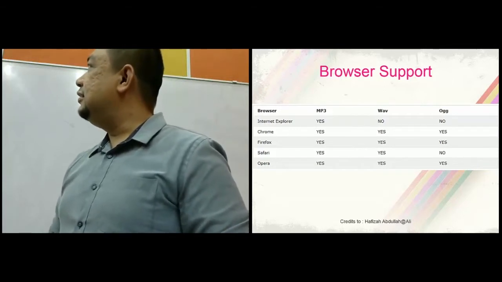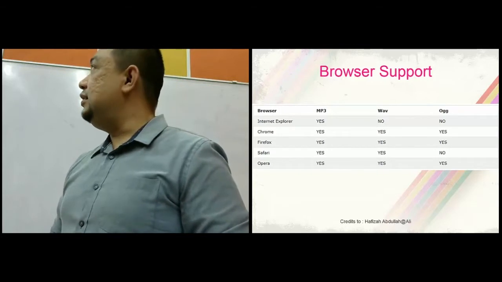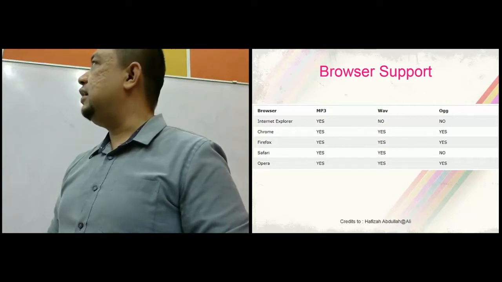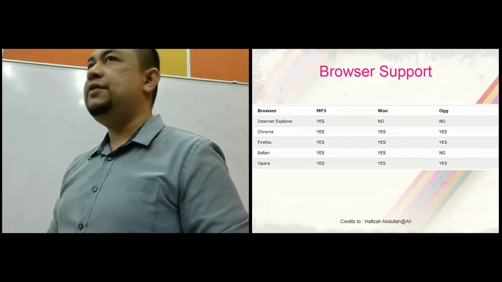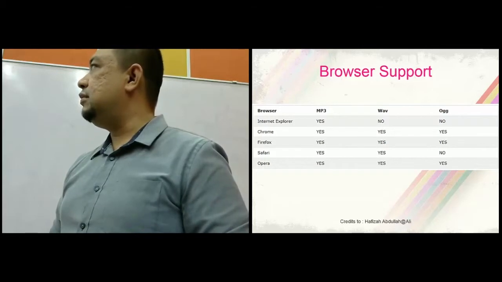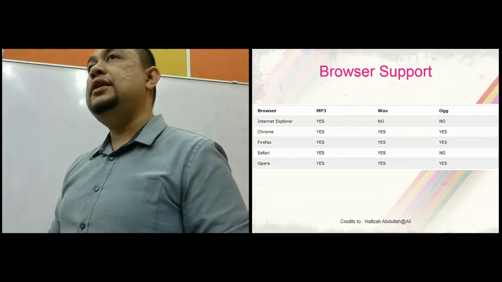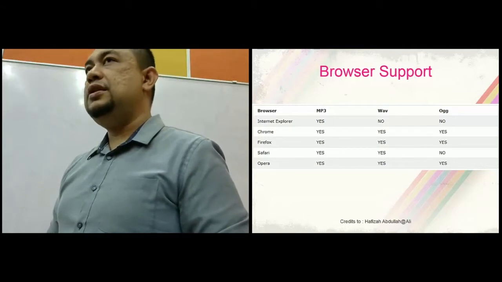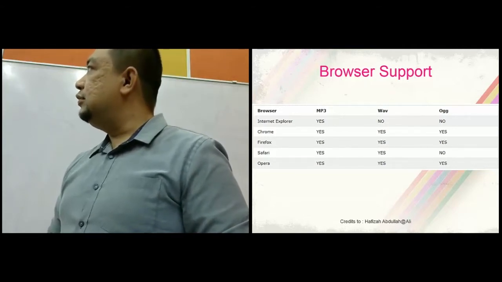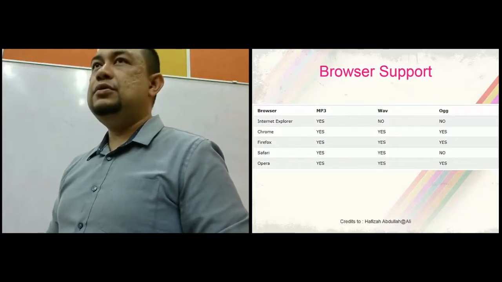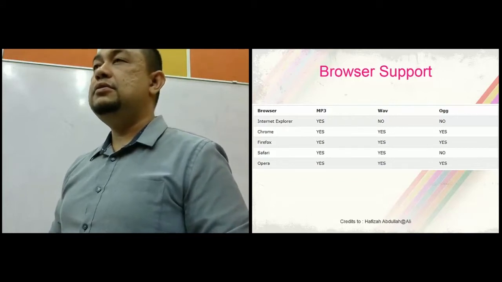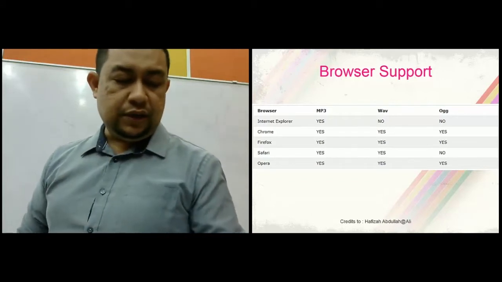And a few browsers do not support OGG, for example Internet Explorer and Safari. Safari is Apple's proprietary browser, but you can still install it on your Windows device. Most users use Chrome and Firefox, so I don't think we have any problem if we include audio in our HTML file.